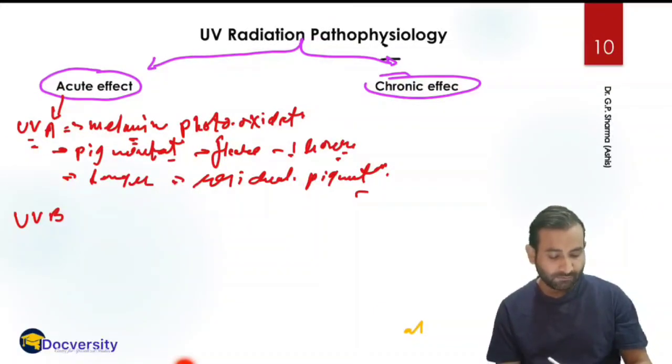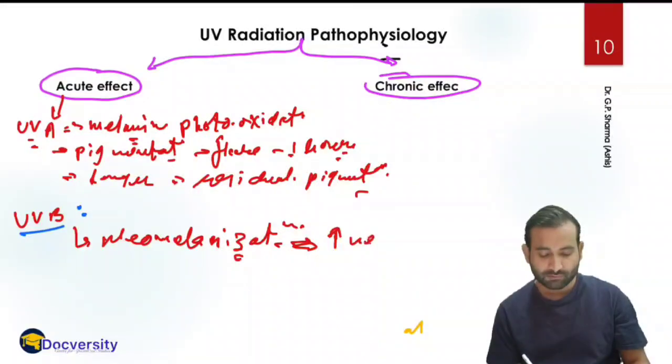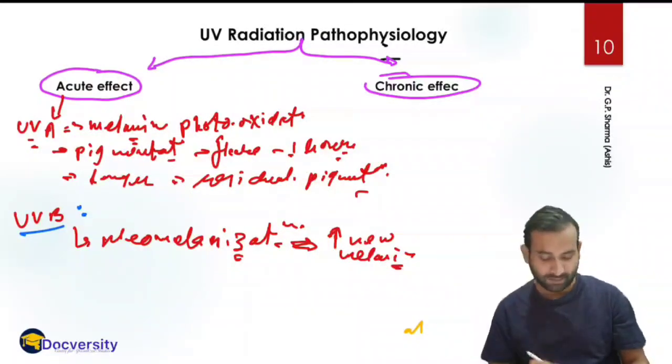And the UVB acute effect, remember, see, UVA is doing only the photooxidation of the melanin, but UVB is causing neomelanization. Neomelanization means it forms new melanin, new melanin pigment formation, increasing the production of the melanin.